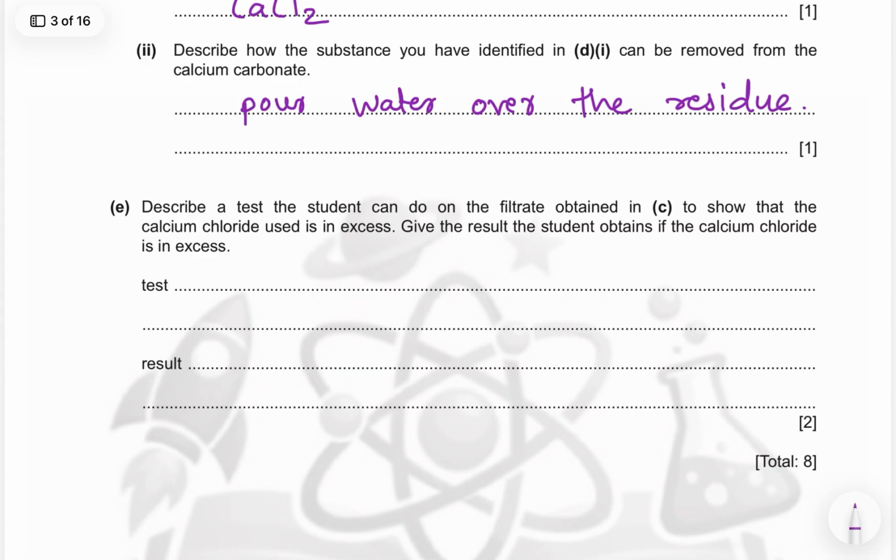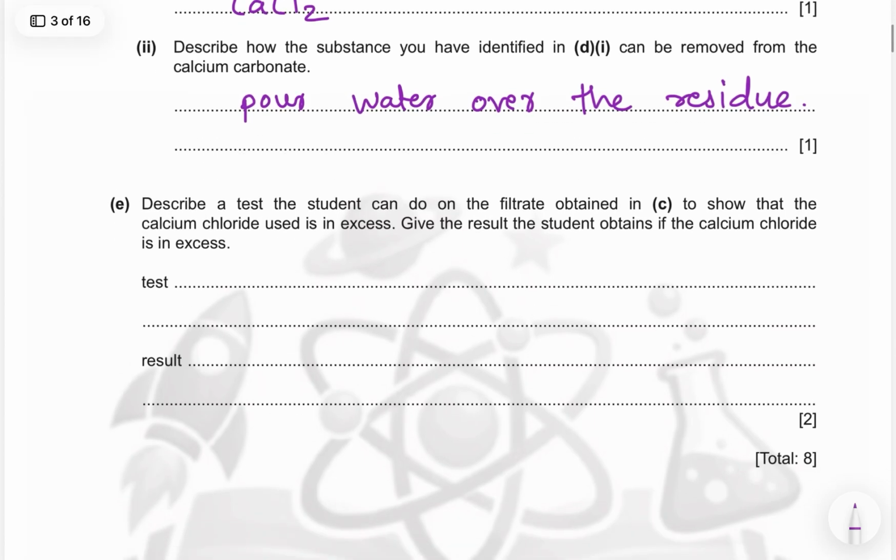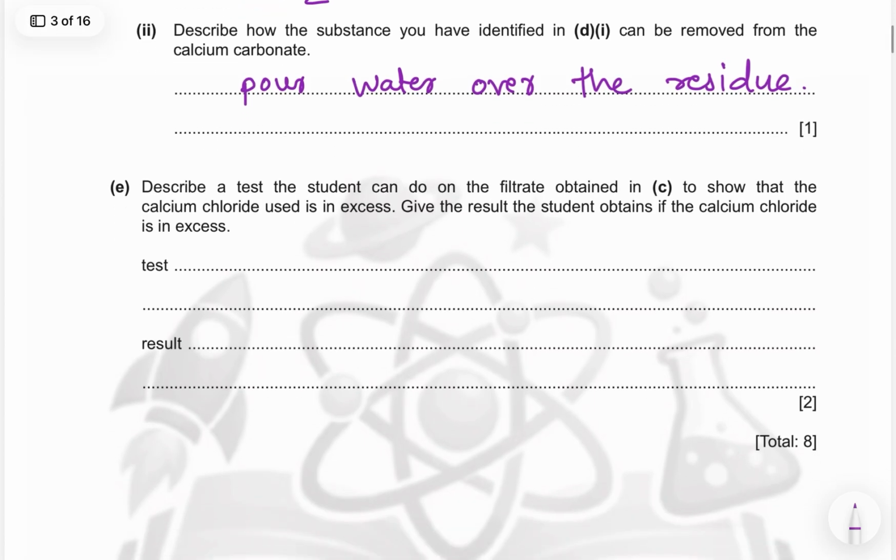Next, E. Describe a test the student can do on the filtrate obtained in C to show that the calcium chloride used is in excess. Give the result the student obtains if the calcium chloride is in excess. So we have to tell whether the calcium chloride is in excess or not. Okay, so that we can do by adding NaOH.